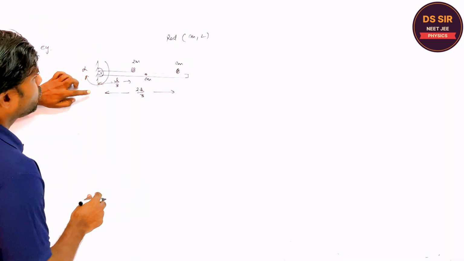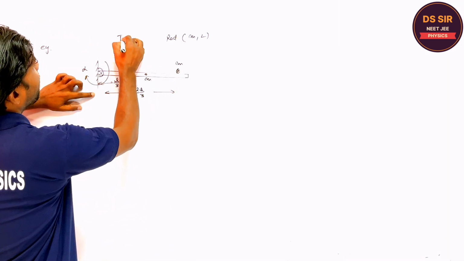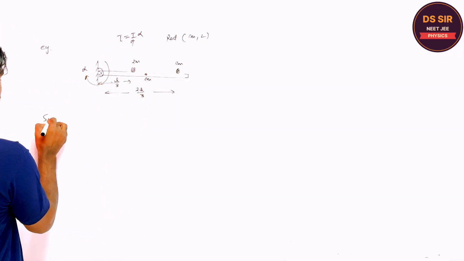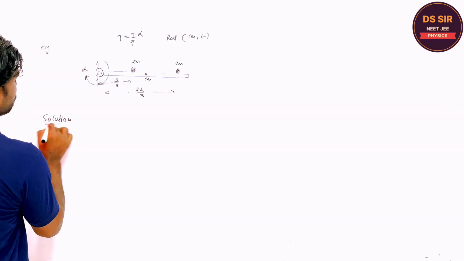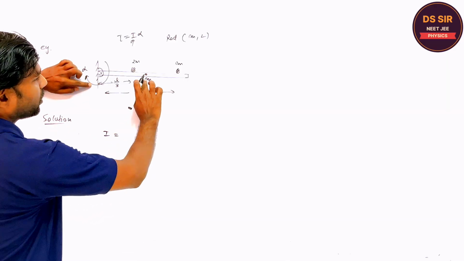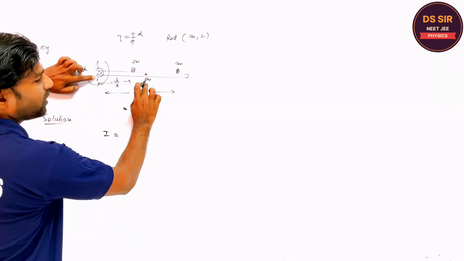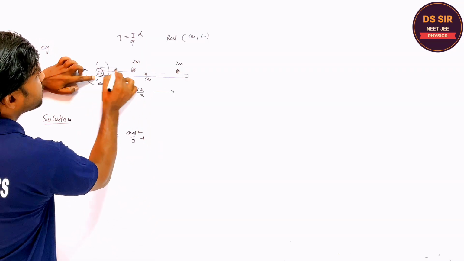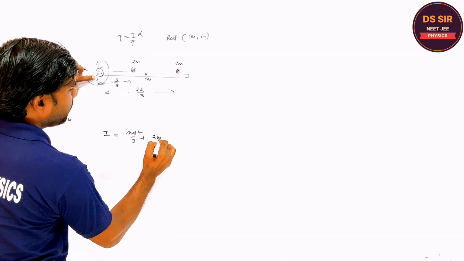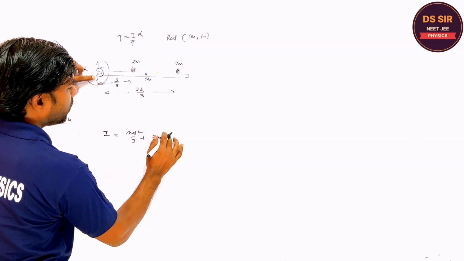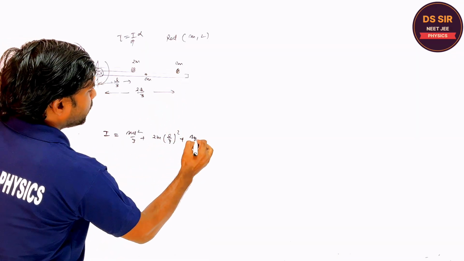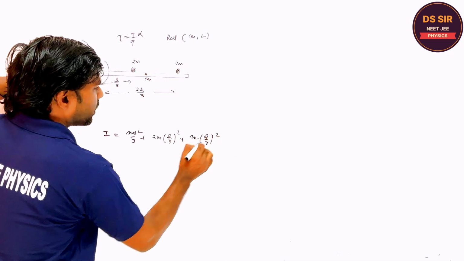Copy this. To find the angular acceleration, we have to apply torque is equal to I alpha. So I am first finding the moment of inertia. The moment of inertia of the rod about one end is ML square by 3, and the 2M mass at distance L by 3 gives 2M into (L by 3) square, plus the mass M at 2L by 3 gives M into (2L by 3) square.